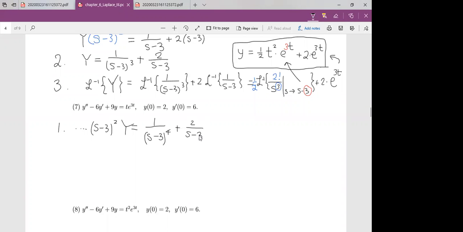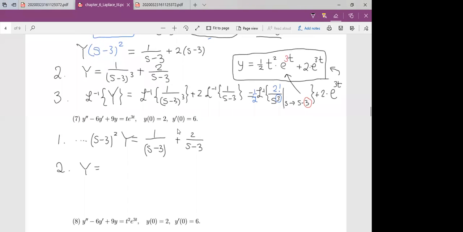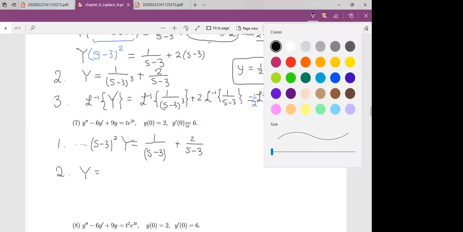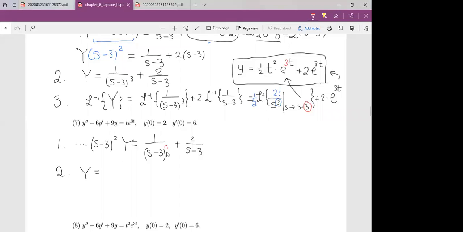So if you simplify your equation in s and capital Y, you will get this equation. And step 2 is to divide everything by s minus 3 squared. Oh, sorry, this is a typo. I meant 2. So this should be 2. Sorry. So previously it was s minus 3 to the 1 in the denominator. Now we have s minus 3 to the 2.